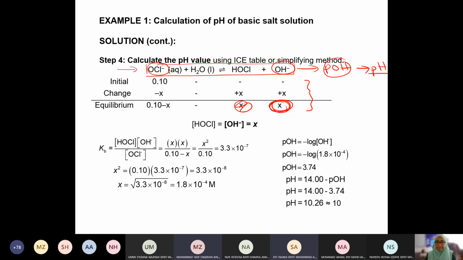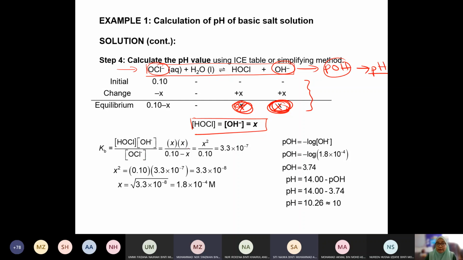Okay, all right. HOCl is equal to, yalah, this one is X, this one is X, right? This one is X. X. Okay, so next, kita masukkanlah dalam Kb expression. Okay, this is by using ice table.